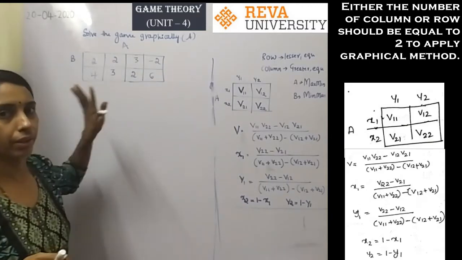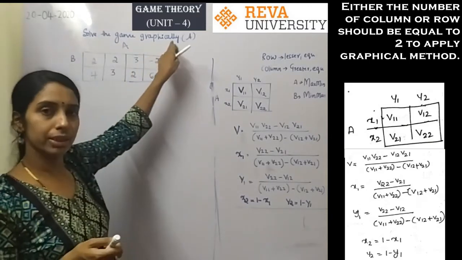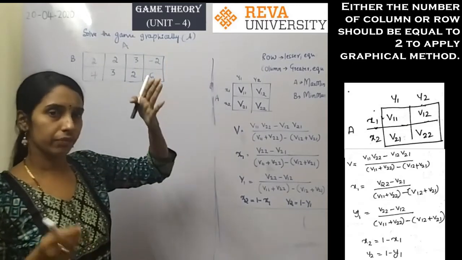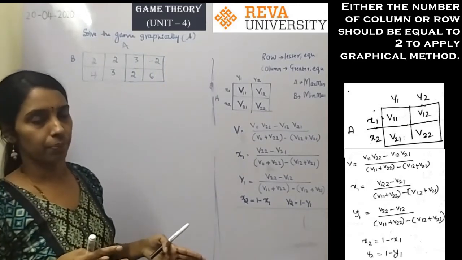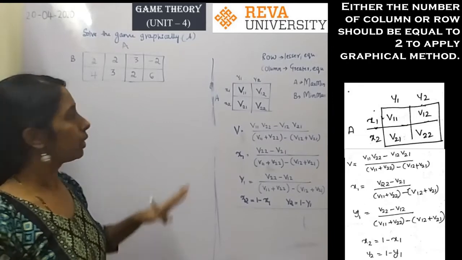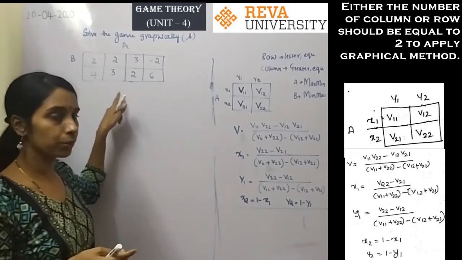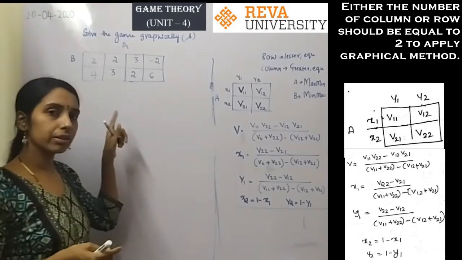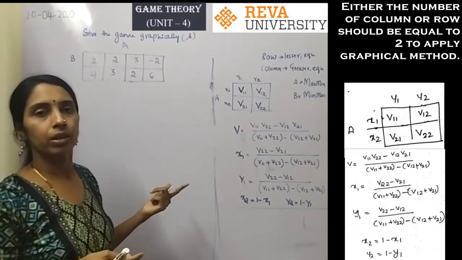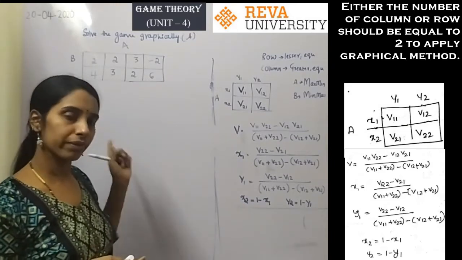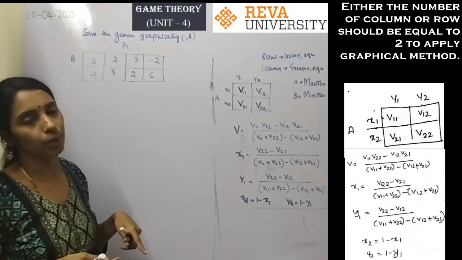If you observe here, whenever we solve using the graphical method, we have to consider the reference line. What is the criteria to find out the reference line? You have to see whether the number of columns is equal to 2 or the number of rows is equal to 2.